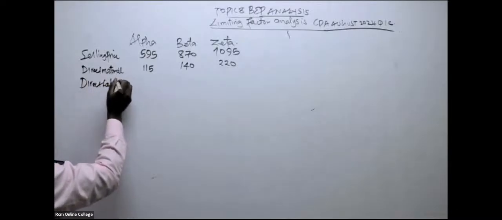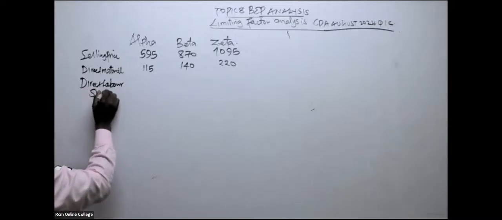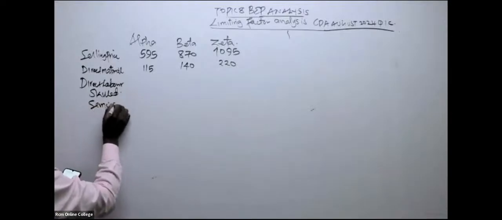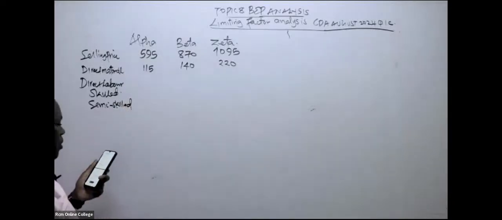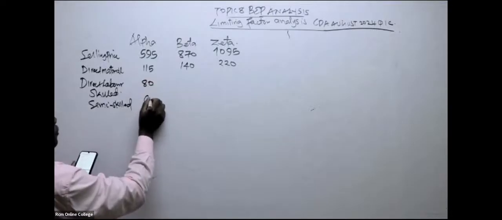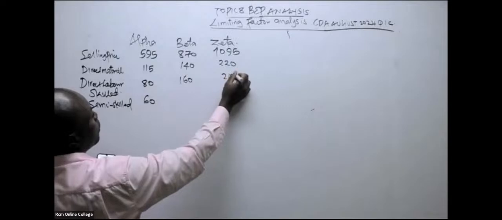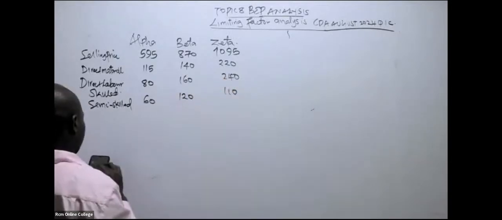But this direct labor happens to be divided into two. We have skilled, and semi-skilled. All of them are variable. So we have 80, 60, 160, 240, 120, 110.